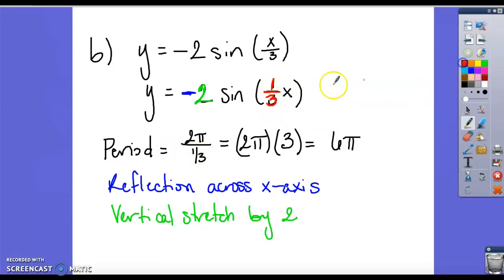And then I have the 1/3. Here's where it gets tricky. When I multiply by a number inside the function, that's my horizontal stretch or horizontal shrink. Just like when I add inside the function, it moves to the left, and if I subtract inside the function, it moves to the right.